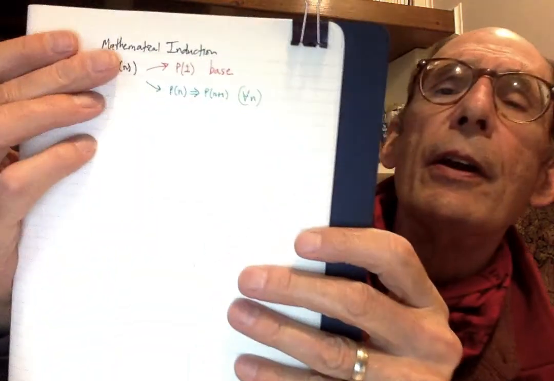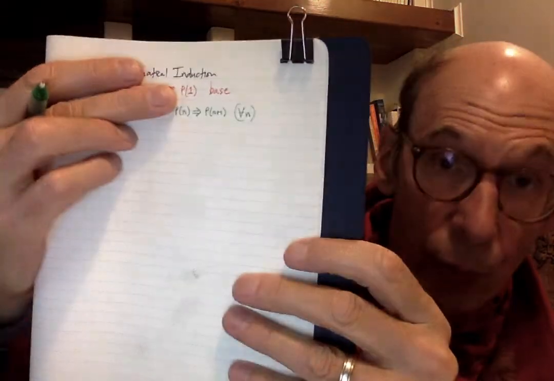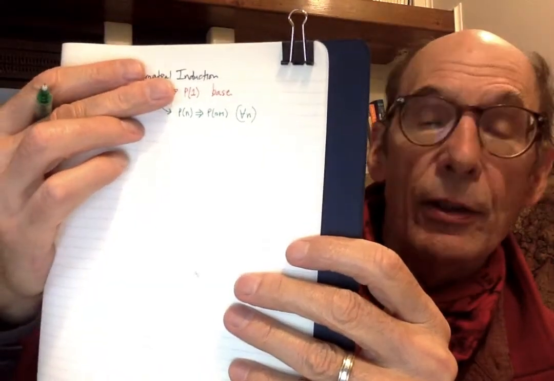Okay, so the situation that we have here, back to mathematical induction, is we need to prove that P of n implies P of n plus 1, and again, that would be for every n. So there are the two things you have to prove. P of 1, remember, that's a statement, so that's true or false. Or you need to show that it's true.